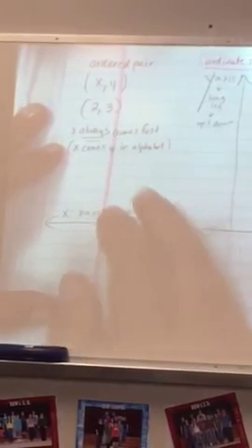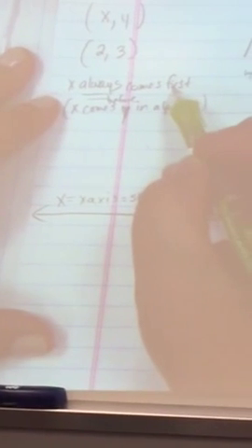X comes before y in the alphabet is a way you can remember it. X comes before y in the alphabet, and on the coordinate plane, x always comes first as well. So if you have two numbers like this in an ordered pair, you're always going to do the x first and then the y.